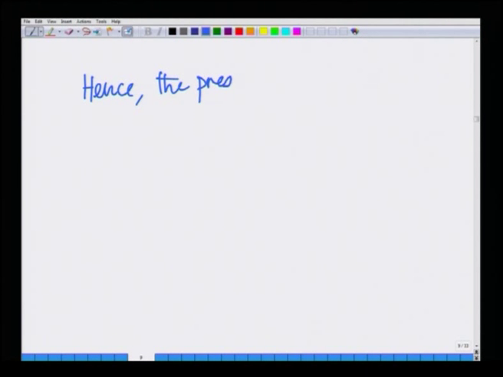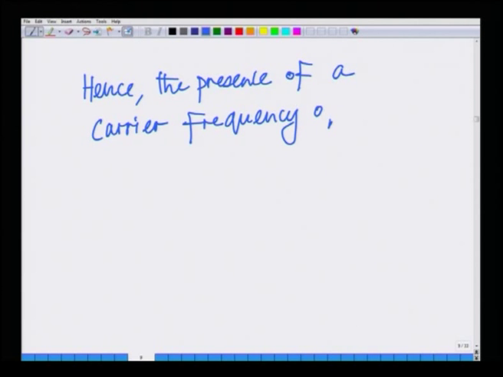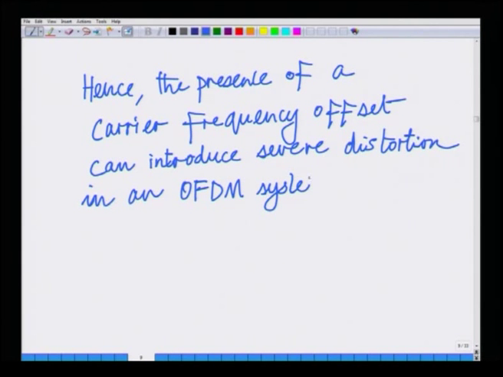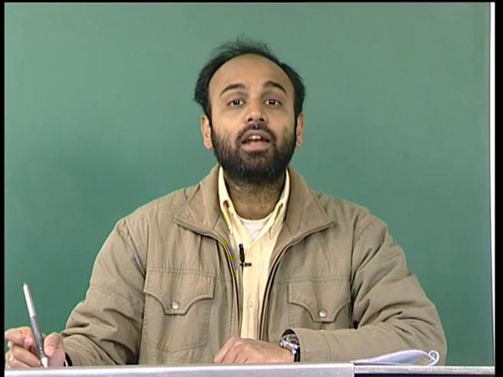The presence of a carrier frequency offset can introduce severe distortion in an OFDM system, as it results in a loss of orthogonality amongst the subcarriers.